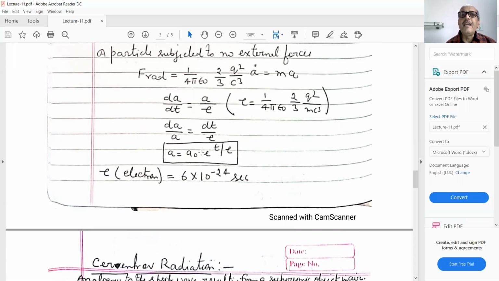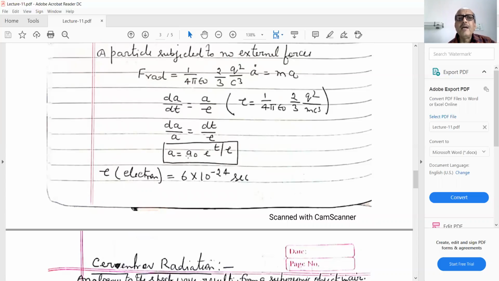Suppose we consider a0 to be equal to 0, because that could be a condition that at t equal to 0 the acceleration is 0, since we are considering no external forces acting on the particle. But if we take a0 to be equal to 0, then the acceleration will always be 0, and we will not be able to write down the relation like this.